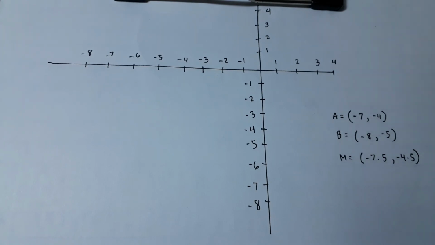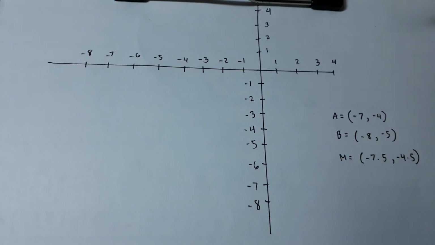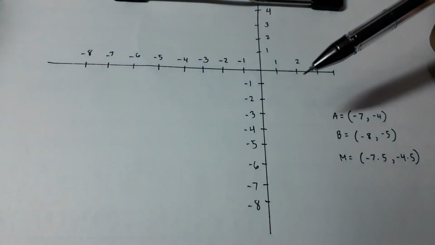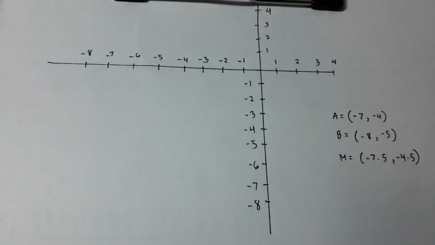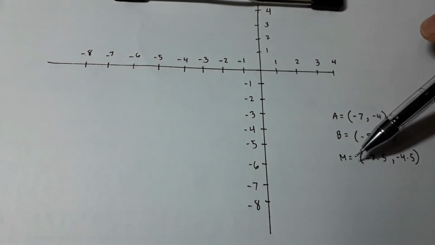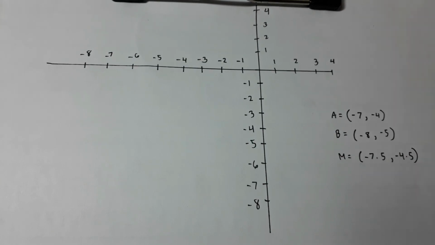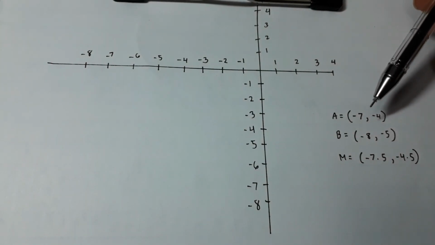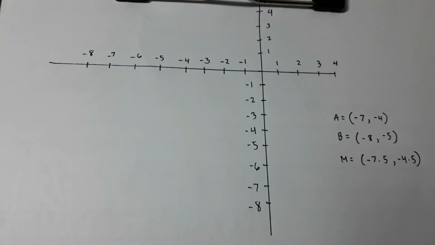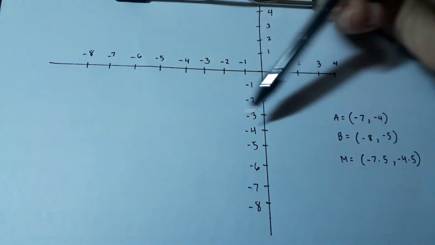Alright, so now I have already sketched the graph, and now we're just going to plot the points to their corresponding places. So the given is A and B, and M is for the midpoint. Now it says here negative 7 and negative 4. So here's negative 7 down to negative 4.